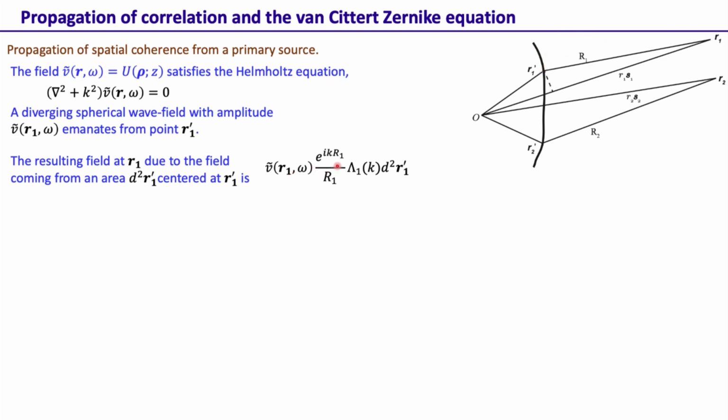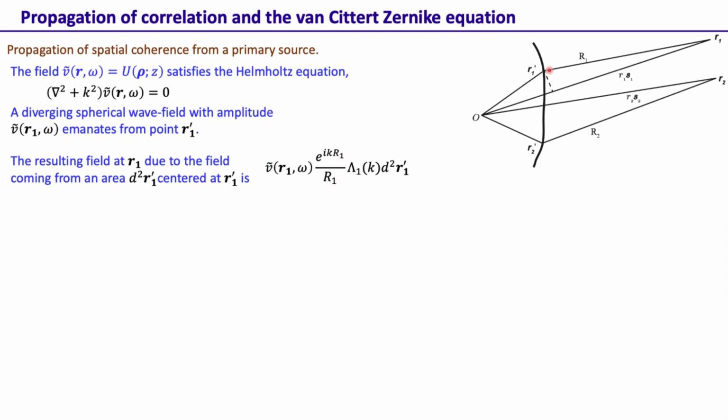The solution is e to the i k r1, and r1 in the denominator is the attenuation factor because this goes in a spherical manner. Here r1 is the distance from r1 prime to r1, so e to the i k r1 by r1 is the field amplitude reaching r1 from a source of unit amplitude at r1 prime. But since the amplitude at r1 prime is v tilde r1 omega, the total contribution will be v tilde r1 omega e to the i k r1 by r1.